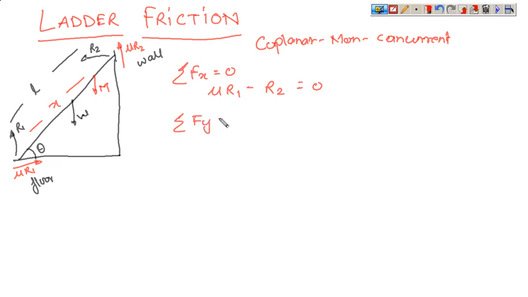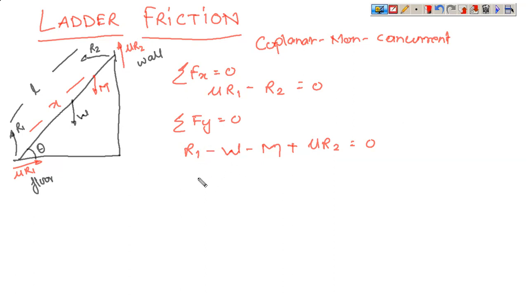If you write down sigma Fy is equal to 0, you have R1 minus W minus m plus mu R2 is equal to 0. So this is Fy is equal to 0.